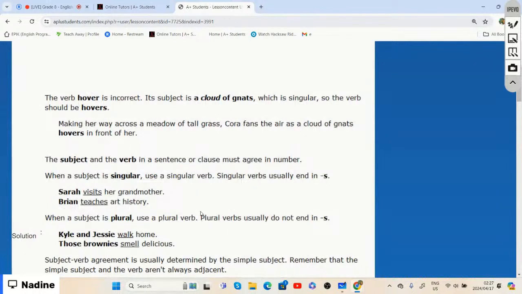And when the subject is singular, we use a singular verb, and our singular verb usually ends with S, right? So we would say Sarah visits, Brian teaches, right?